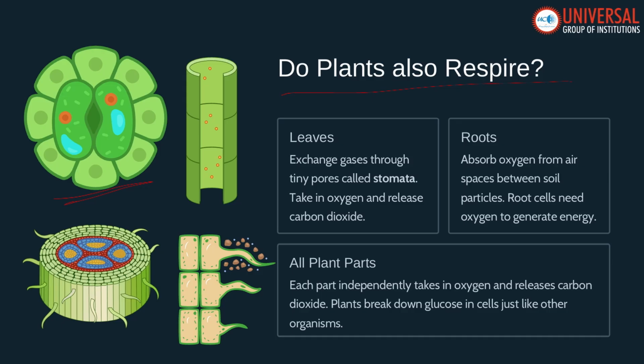So glucose in the presence of oxygen gives rise to energy, carbon dioxide and water. Stomata are mainly on the underside of leaves to reduce water loss.